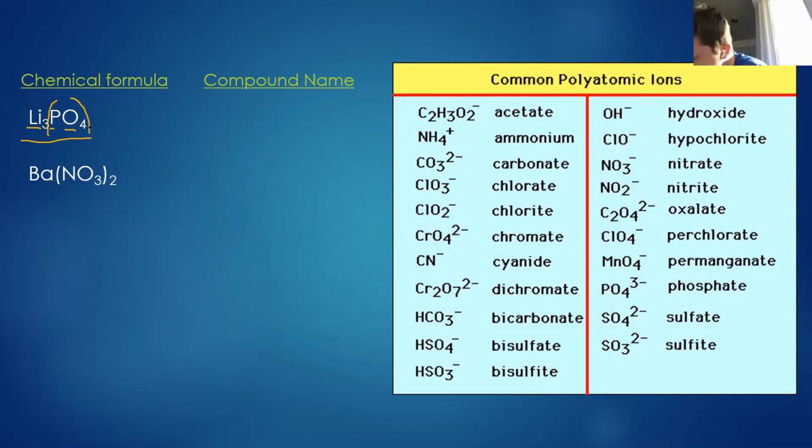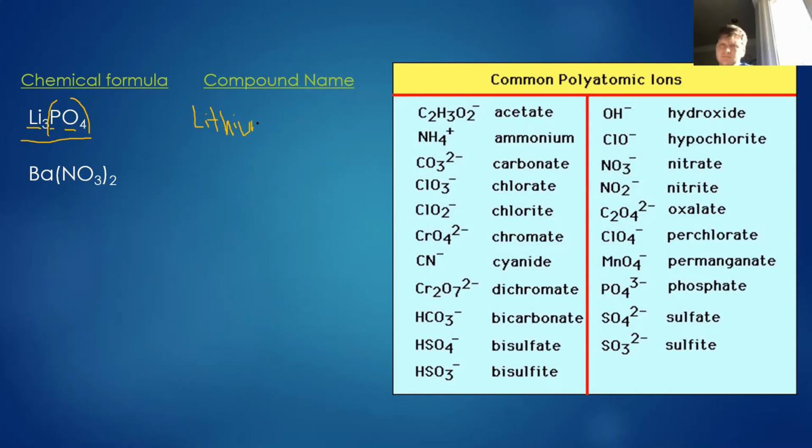So how do you name these? Just like before, we take the cation or the metal portion and name that first, straight off the periodic table, no prefixes. So Li3 is just lithium. It doesn't matter that there's 3 of them. We're not using that 3 in the naming at all. So we have lithium for the first part.